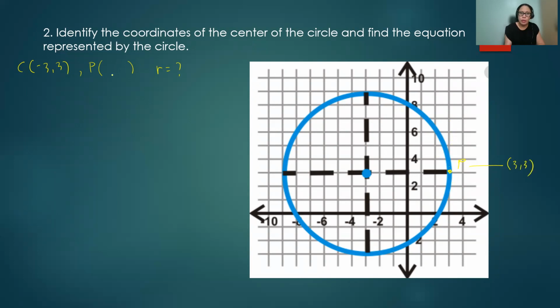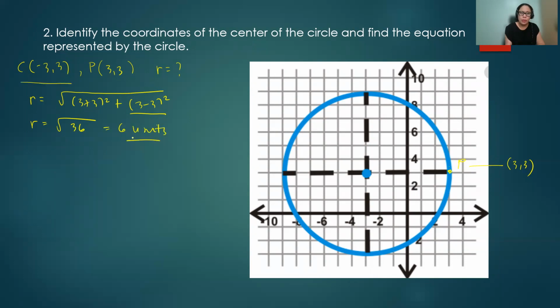We can make use of this point together with the coordinates of the center to solve for r using the distance formula. This is like 3 minus -3, so we have (3 plus 3) squared plus (3 minus 3) squared. We know that this is 0, and 3 plus 3 is 6. The square of 6 is 36, so we get the square root, which is equal to 6 units.